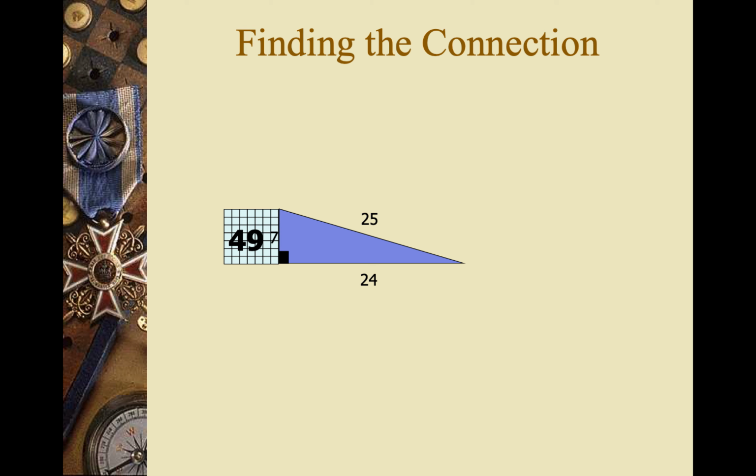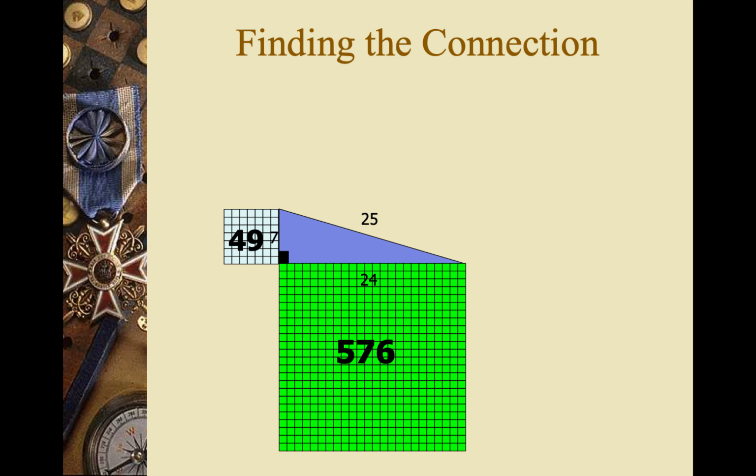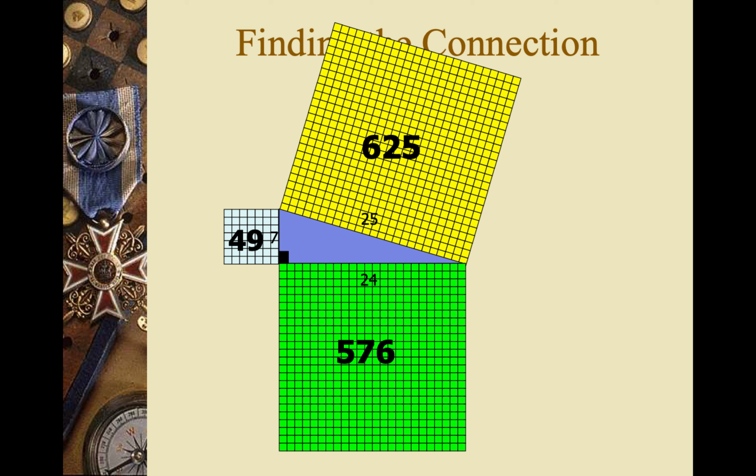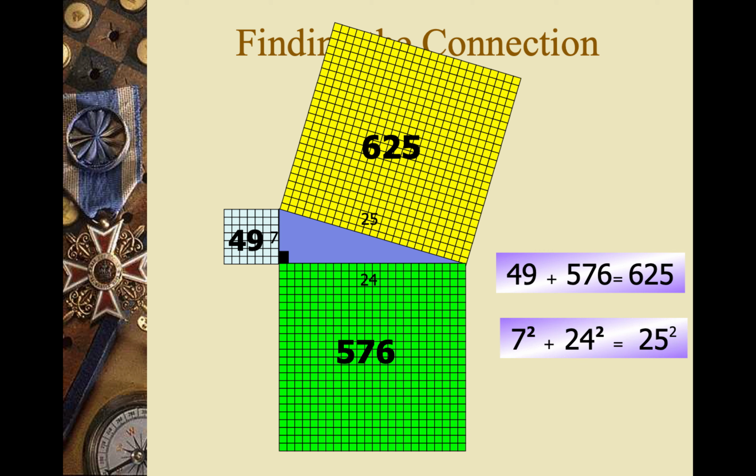On the bottom side, 24 times 24 is 576. And on the sloping side, 25 times 25 is 625. And sure enough, 49 plus 576 does give you 625. In other words, 7 squared plus 24 squared is equal to 25 squared.